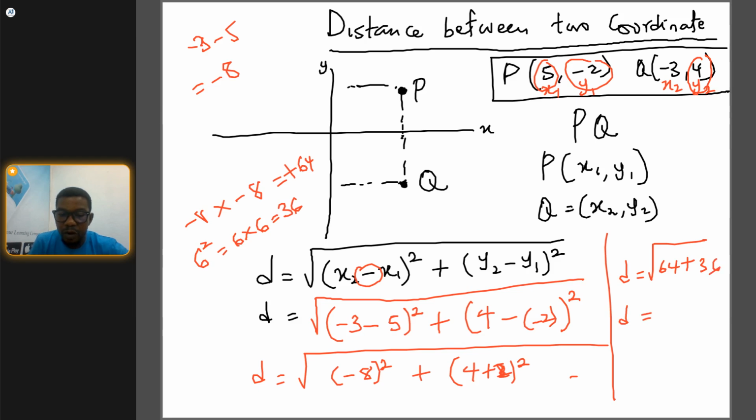Adding 64 to 36, we have 100. And D now, which is the distance between two coordinates, will be equal to 10 units. So this formula is what we use when we are asked to calculate the distance between two given coordinates. I believe that is clear to us.